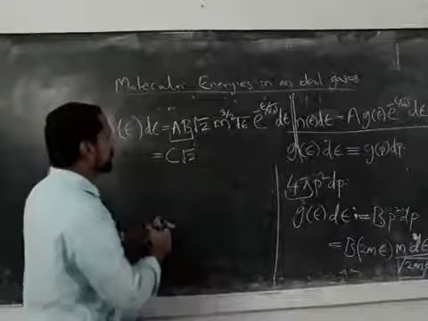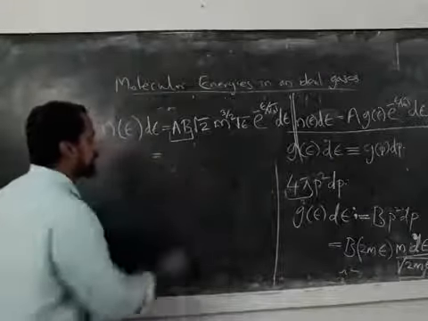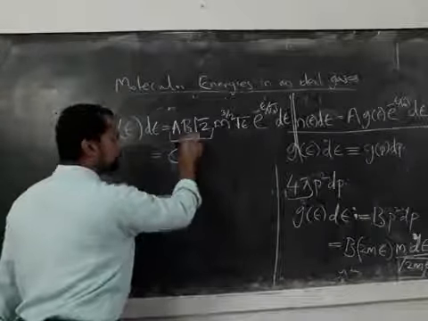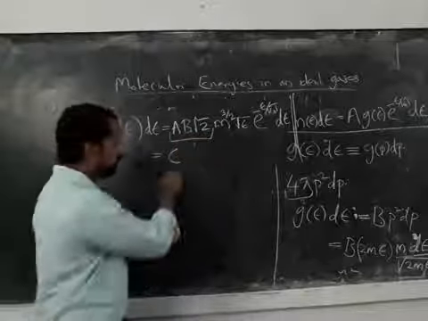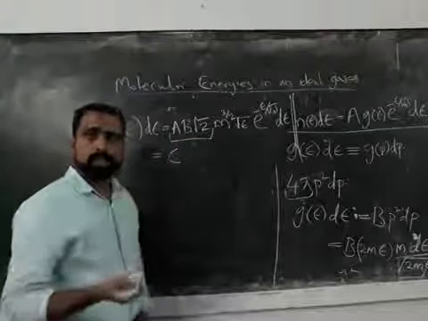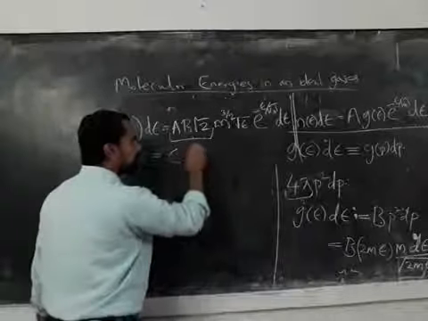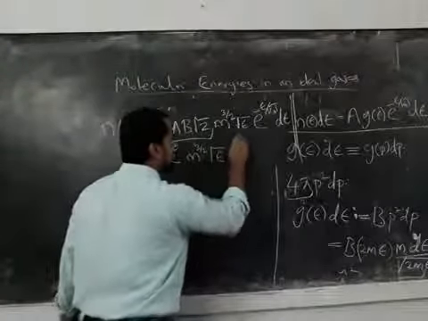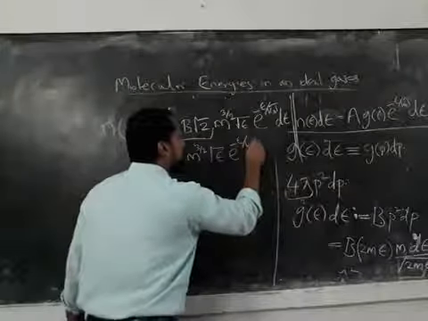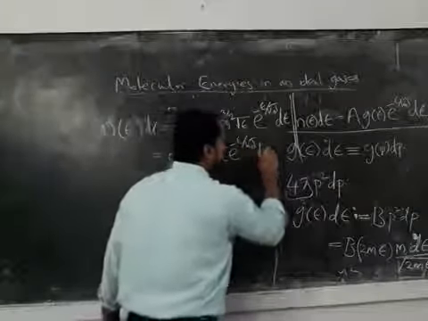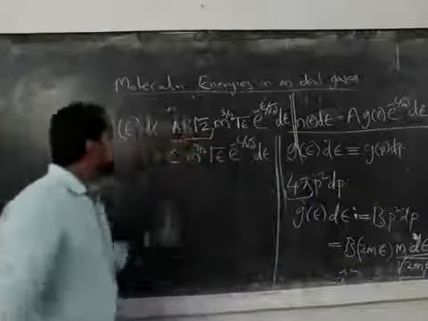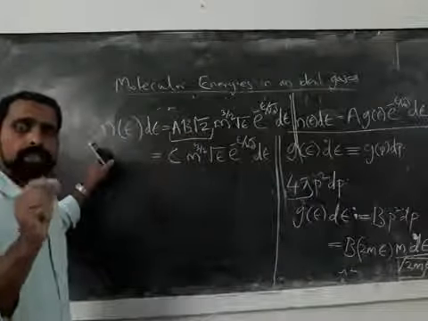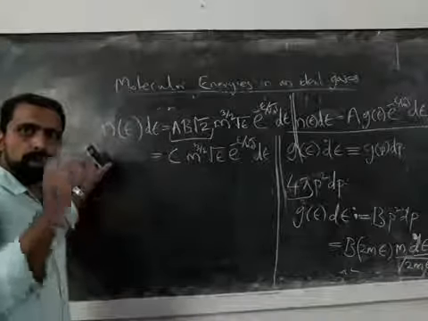These are all constants. Then the remaining part is m raised to 3 by 2, root epsilon, e raised to minus epsilon by kBT d epsilon. So this is the expression for the number of particles having energies between epsilon and epsilon plus d epsilon.